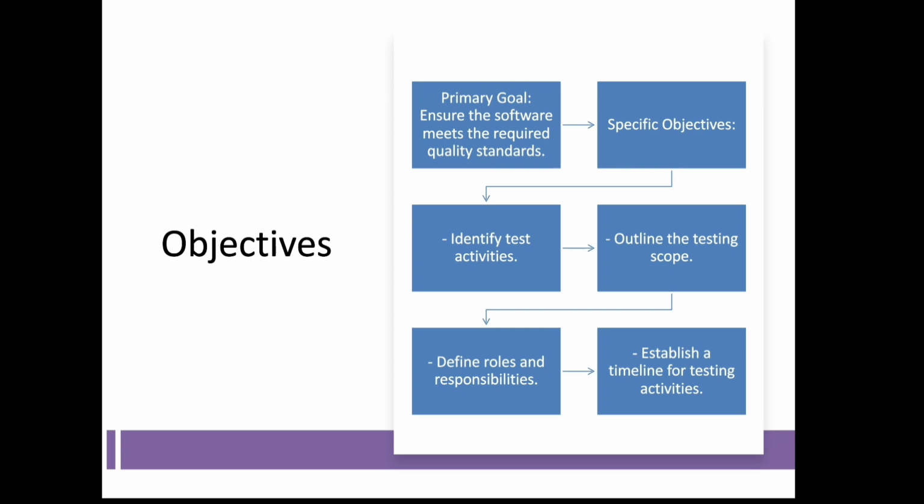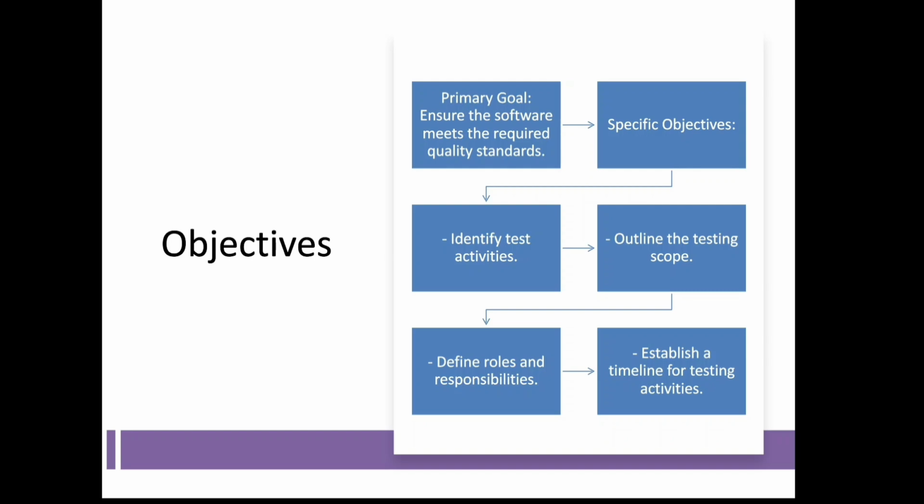Now I'm telling you some objectives: what is the primary goal, basically? The primary goal is to improve our software product. To achieve this primary goal, we have to identify the test activities, outline the testing scope, define the roles and responsibilities, and establish the timeline for the testing activities.